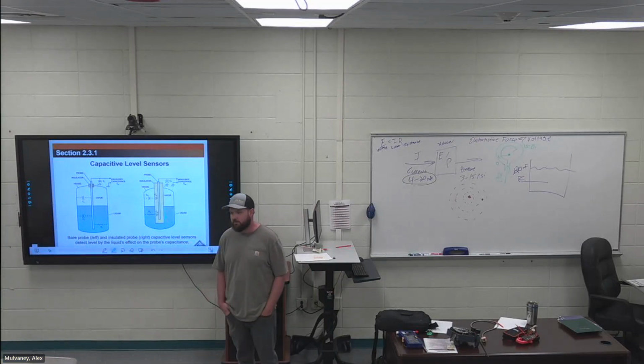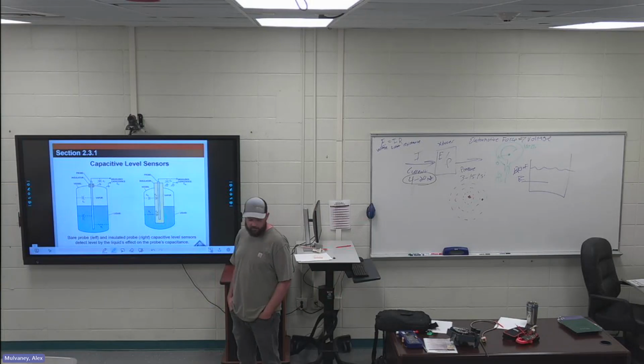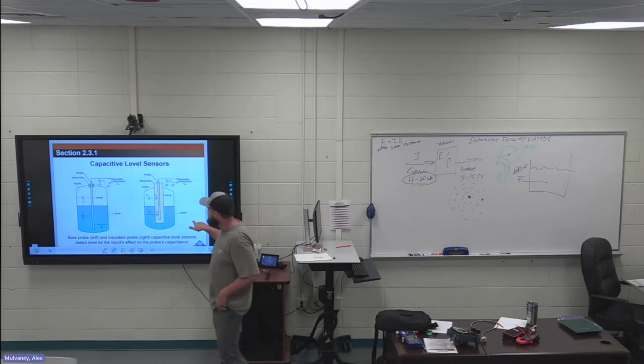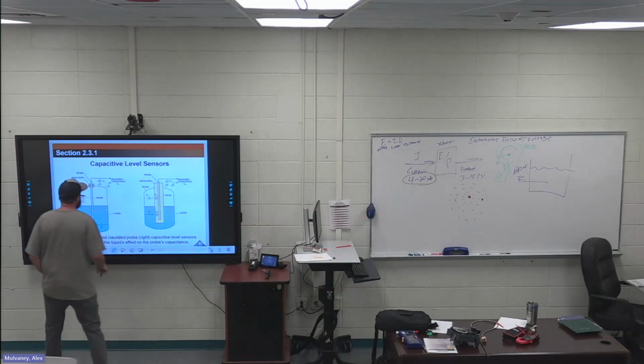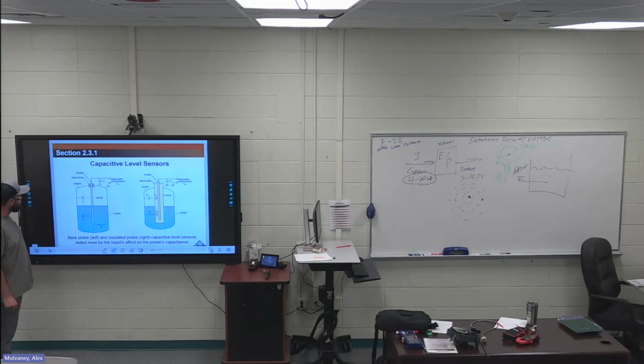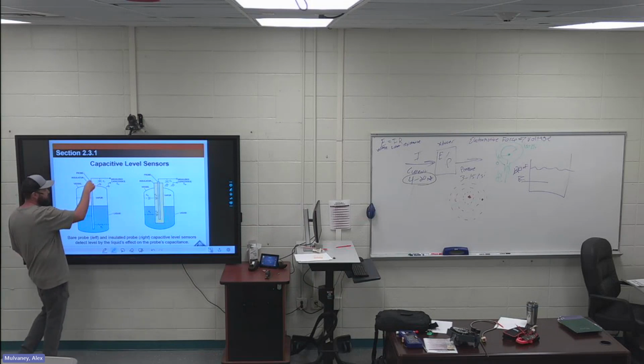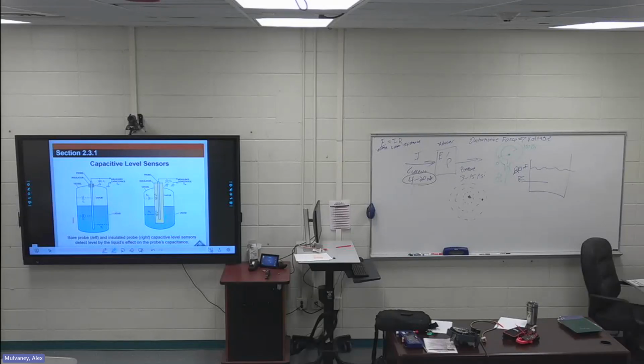So the first thing was we were determining a pressure based on capacitance by putting pressure on and getting those plates closer together, right? We have two different plates. One plate will be the wall of the tank, and the other plate is the probe that we put in the middle. Do we change the size of our tank walls? Nope. Do we change the size of our probe? Nope. So what's changing?